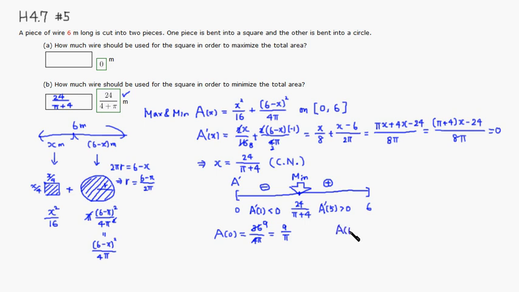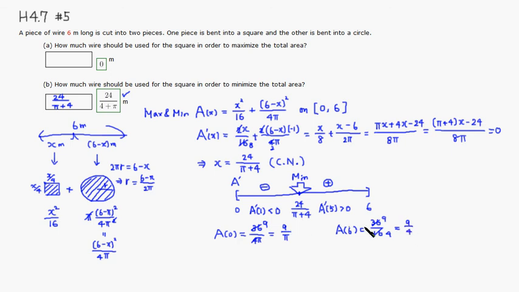All right, A of 6 is going to be, so we're going to use the entire thing for the square. So 6 squared would be 36 over 16, right? Divide by 4, 9, divide by 4, so it's 4. So you have 9 quarters, all right?